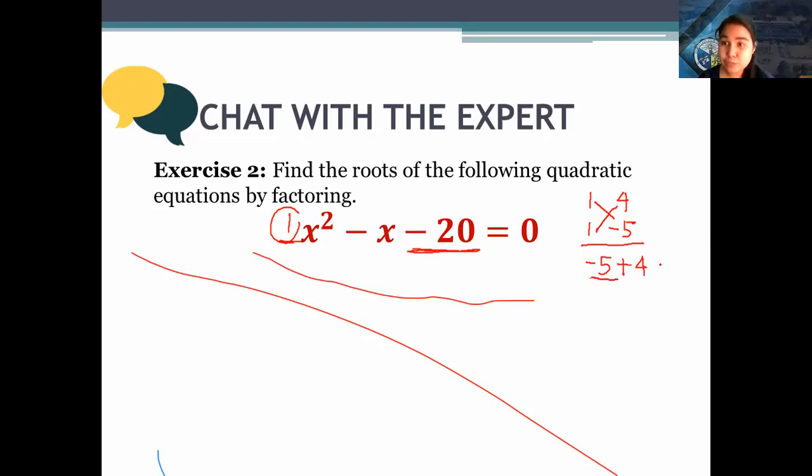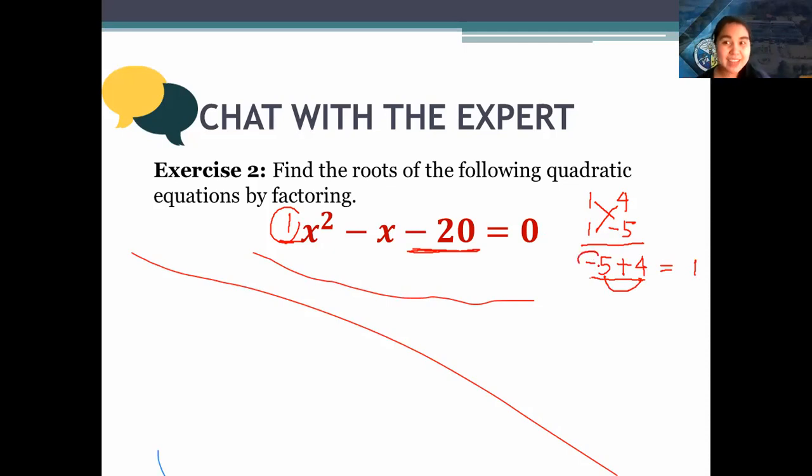-5 plus 4. In my grade 7 class before, I kept teaching them this song: same signs, add and keep. Different signs, subtract. 5 minus 4 is 1.